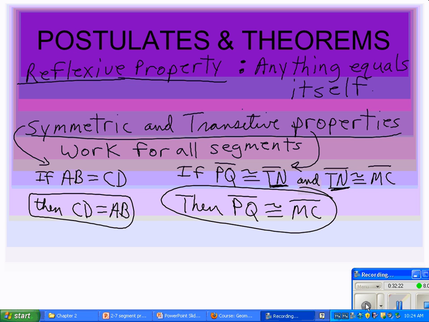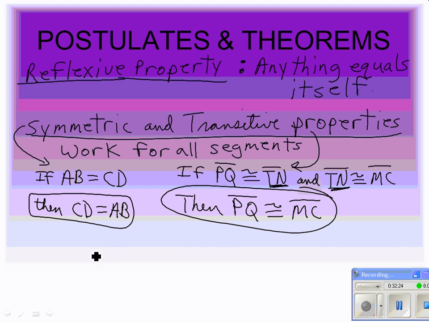All right, the other thing I want to say, because on your homework you're going to be doing some two-column proofs. If you look at the examples, that'll help you out a bunch. But if they switch from algebra form to geometry form or geometry to algebra, your reason is always going to be the definition of congruent segments.